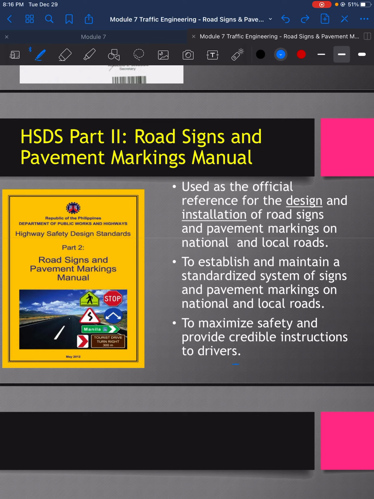It is used as the official reference for the design and installation of road signs and pavement markings on national and local roads, to establish and maintain a standardized system of signs and pavement markings on national and local roads, to maximize safety and provide credible instructions to drivers. So this is what we follow.